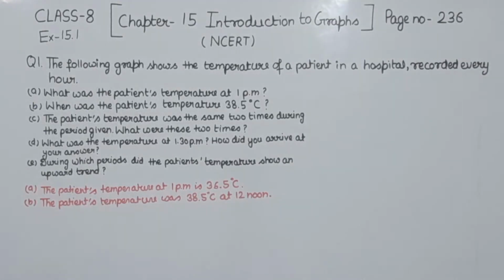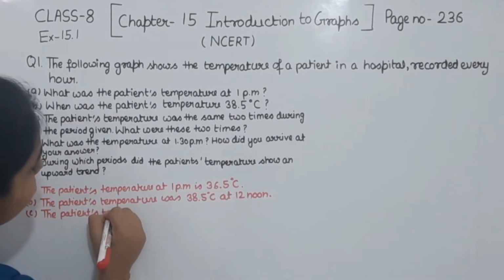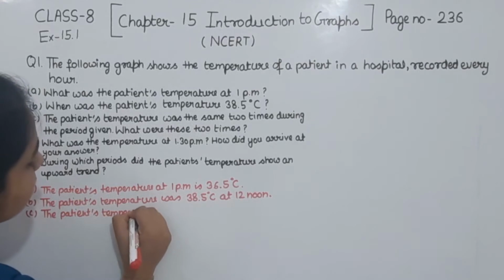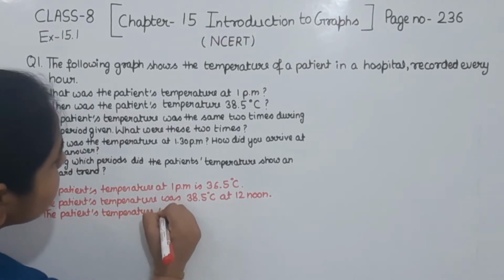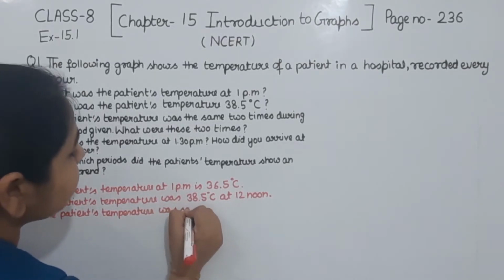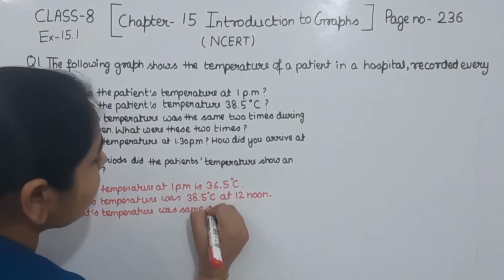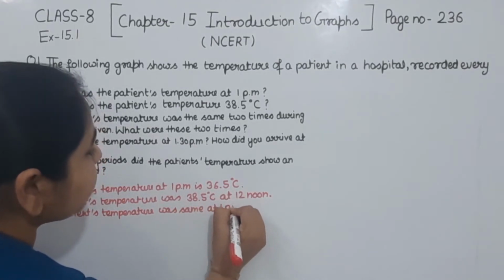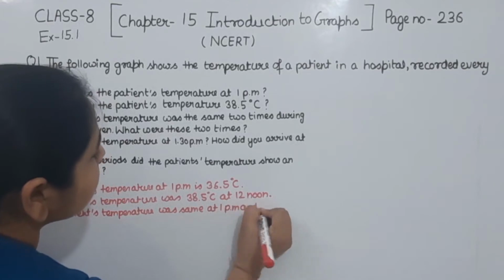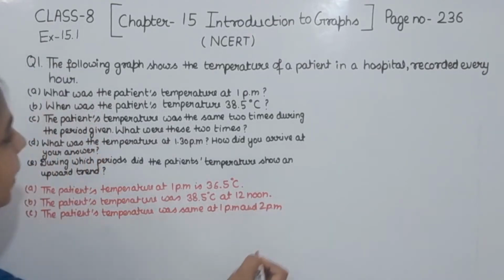So we are going to write here: the patient's temperature was the same at 1 p.m. and 2 p.m. So this is the answer we are having for part C.